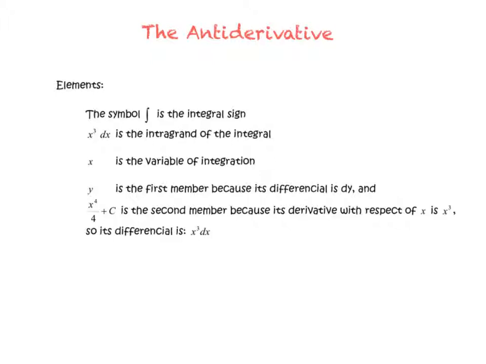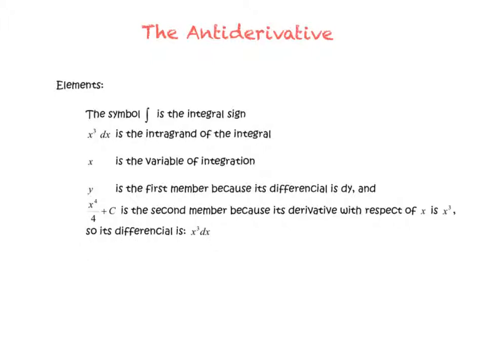Its variable of integration is x. In the first member, because its differential is differential of y, the result will be y. And the second member is x to the 4th over 4 plus c, because its derivative with respect to x is x cubed.